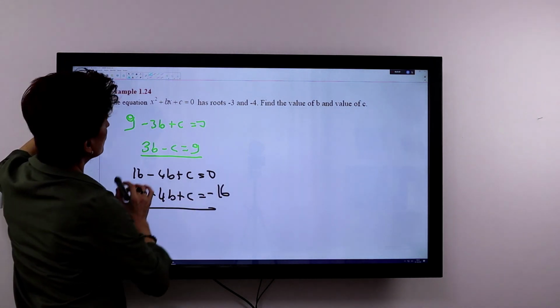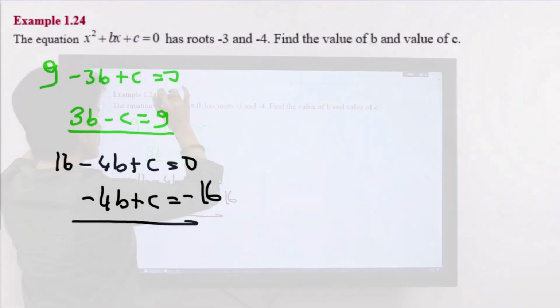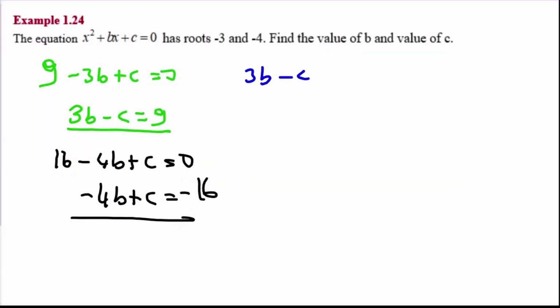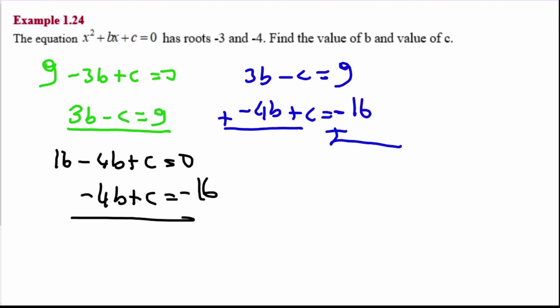I'm going to solve those two equations simultaneously. 3b - c is 9. Here, -4b + c is -16. If I add both sides, c is gone. -b equals -7. If we multiply both sides by -1, b is 7.